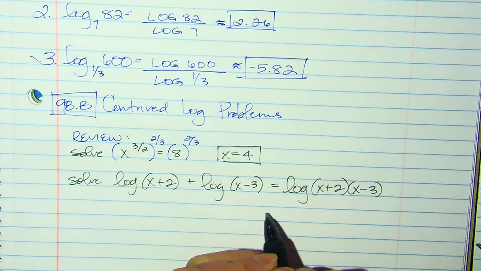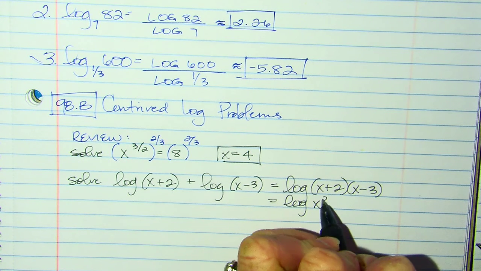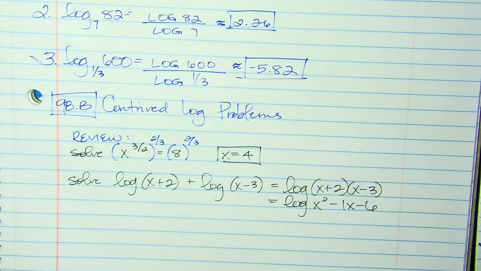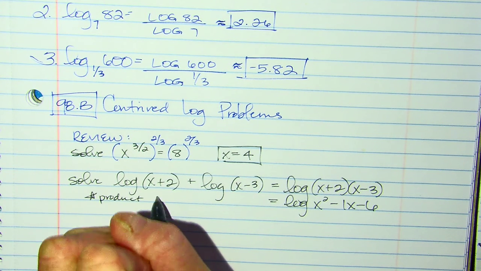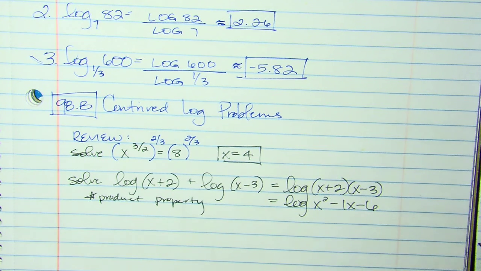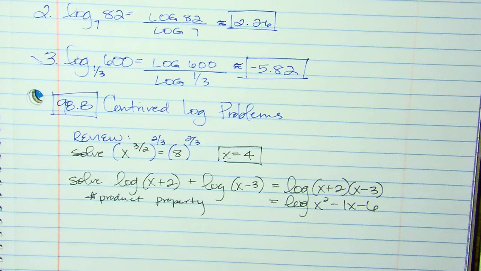So that gives me the log of x squared minus x minus 6. And then I would solve from there. So remember the product property. There's also the quotient property. So in this case, I would have used the product property. I could review all the properties, but I think it would be faster if I just started solving some problems with you.